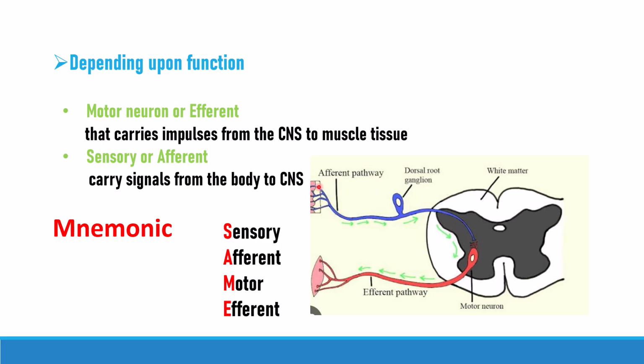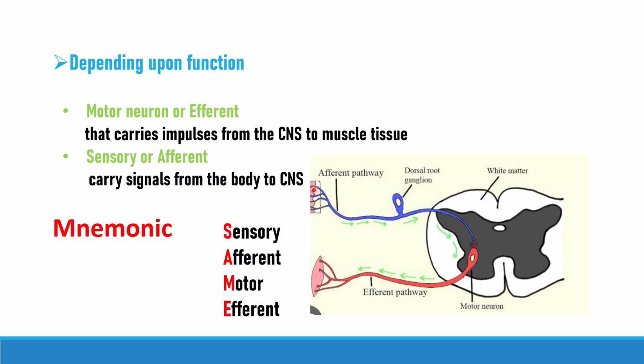In this diagram, from the skin or the body, the message is sent to the central nervous system. That pathway is known as the afferent pathway, and the impulses are carried by the sensory or afferent neuron. And the motor response is sent from the central nervous system to the body through the efferent pathway by motor neurons or efferent neurons, which carry the signals from the central nervous system to the body.